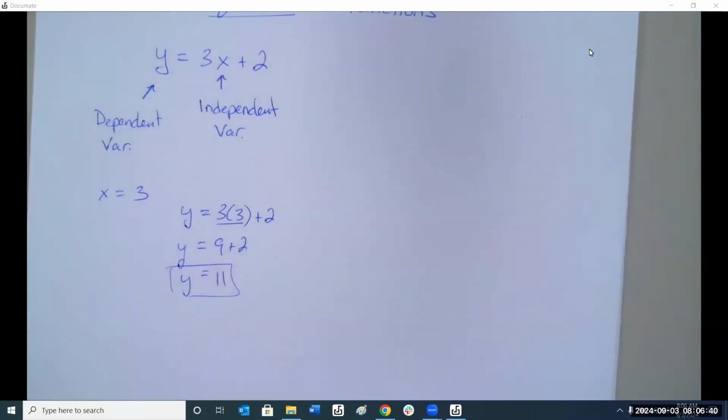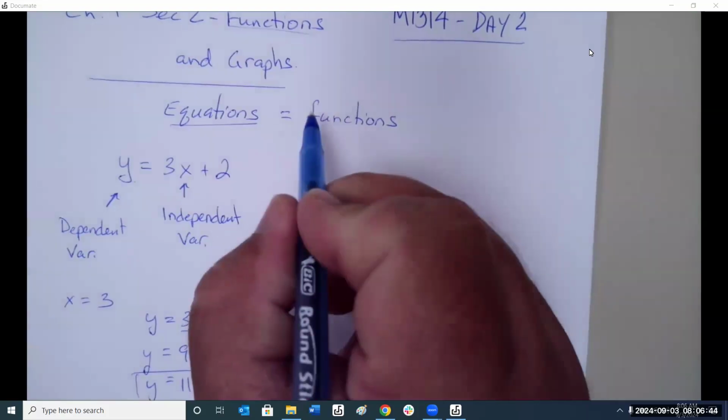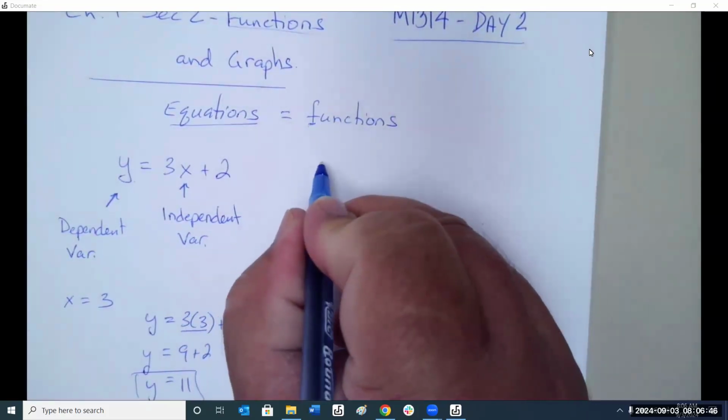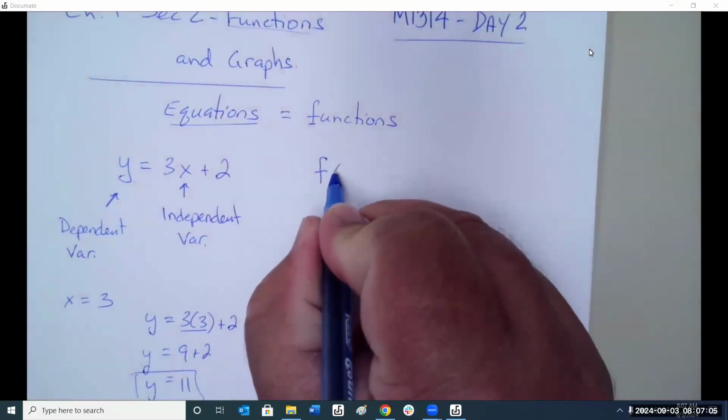So the difference between an equation and a function is the way it looks. Functions are defined by a letter: F, G, H, M, N, P. The only letters it can't be are the letters we use as constants, like E or X or Y. They can be anything else.